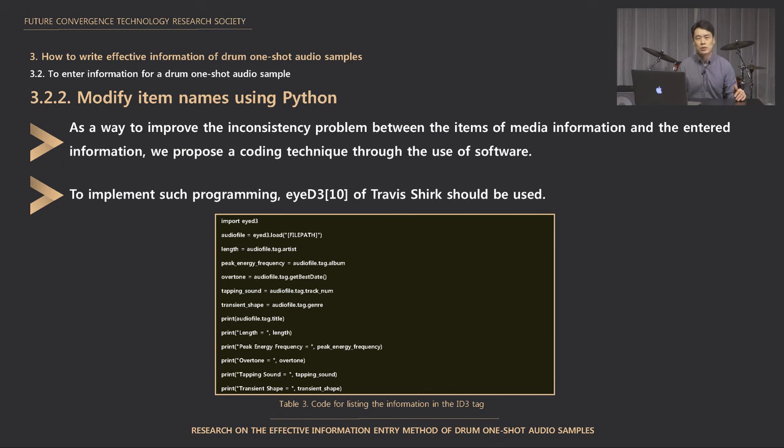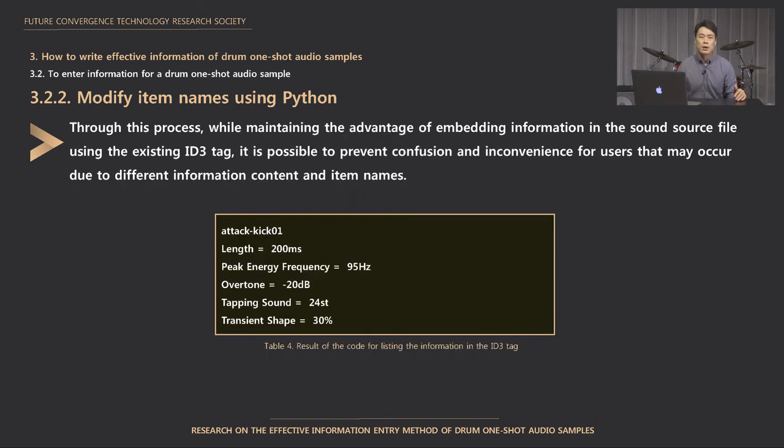You can load the song file into the program using load, save it, and then output the information value by inputting the desired information. Table 3 shows the code for executing this process. An example of the resulting values is shown in Table 4.